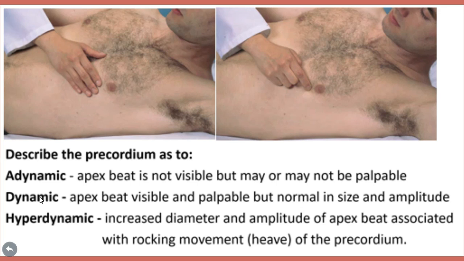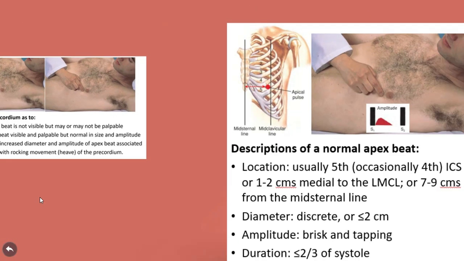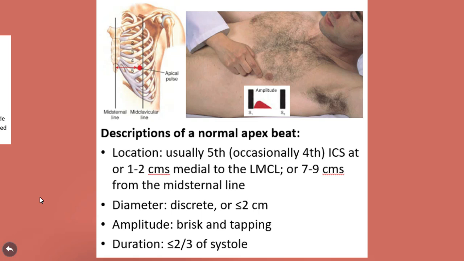Now the question is, what is normal in size and amplitude? So this is the description of a normal apex beat. Usually it is at the fifth, but occasionally it can be at the fourth intercostal space, 1 to 2 centimeters medial to the left midclavicular line, 7 to 9 centimeters from the midsternal line. So always remember 1 to 2, and 7 to 9 centimeters from the midsternal line. The diameter is discrete, usually less than 2 centimeters.